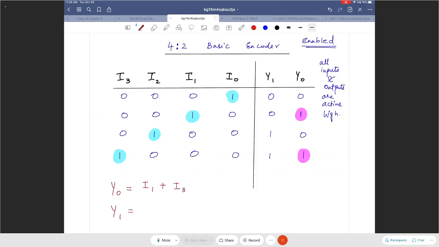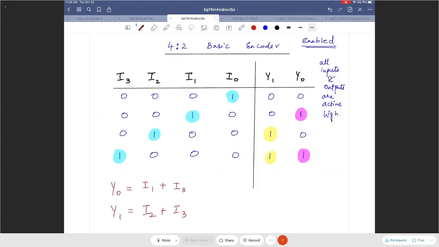And then for Y1, you would have I2 is 1 or I3 is 1. Done.